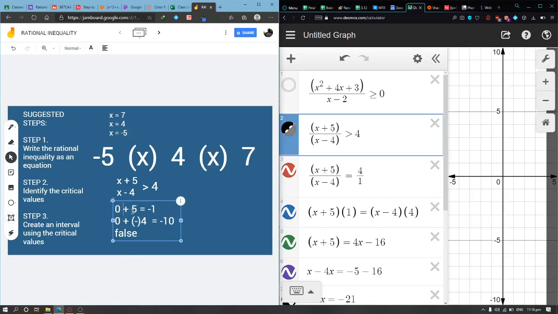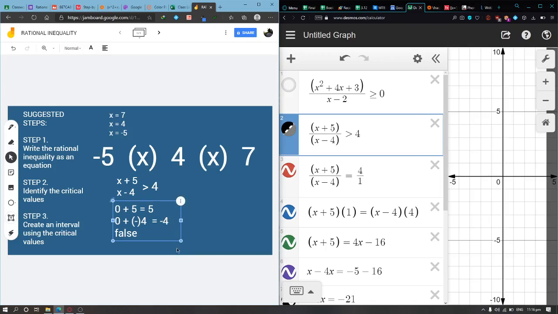So 0 plus 5 is 5. 0 plus negative 4. So why is it plus negative 4? Because subtraction changes into addition, and then the positive sign of 4 becomes negative. So it will become negative 4.